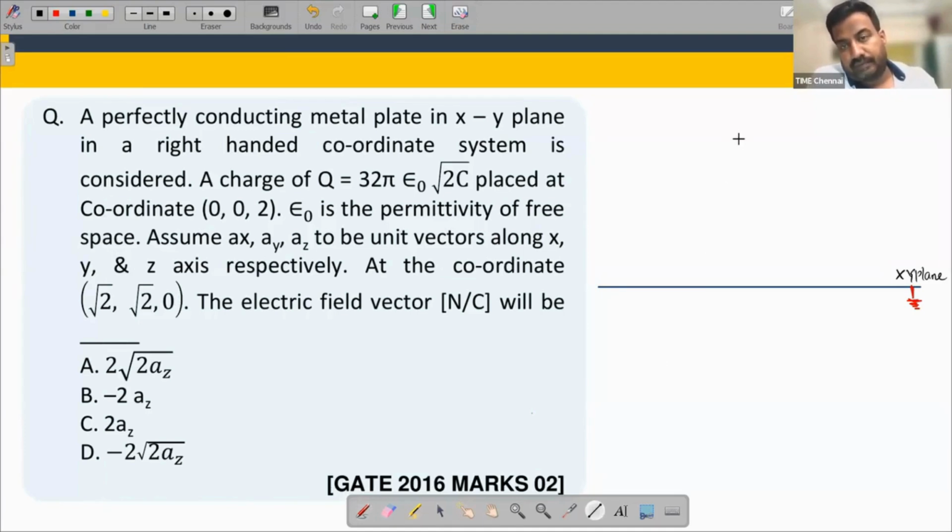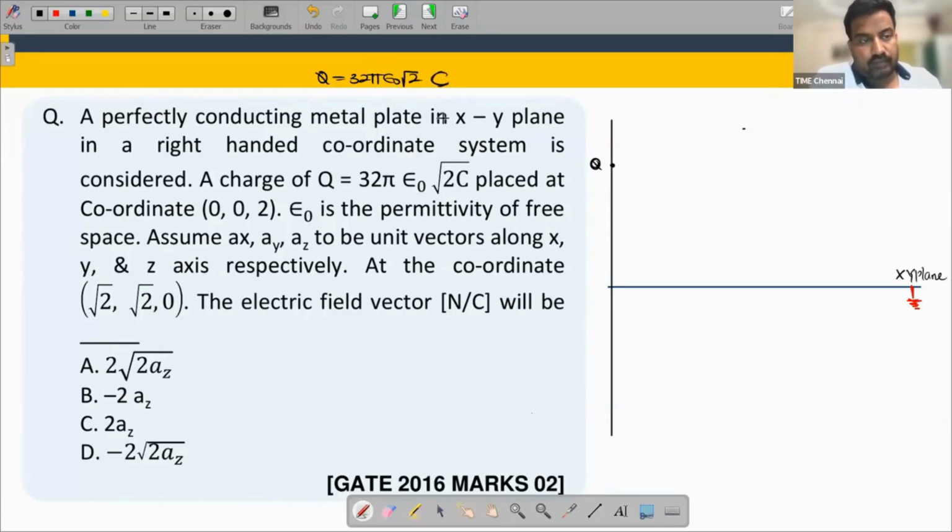A charge of q, where q is 32 pi epsilon naught root 2 coulomb, is placed in the coordinate 0 comma 0 comma 2.